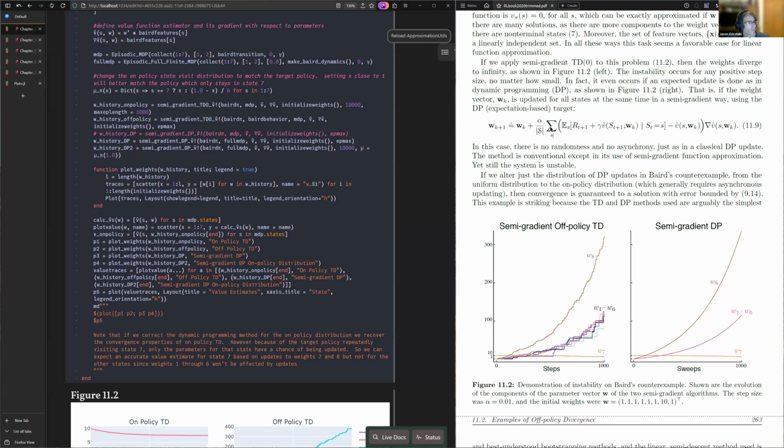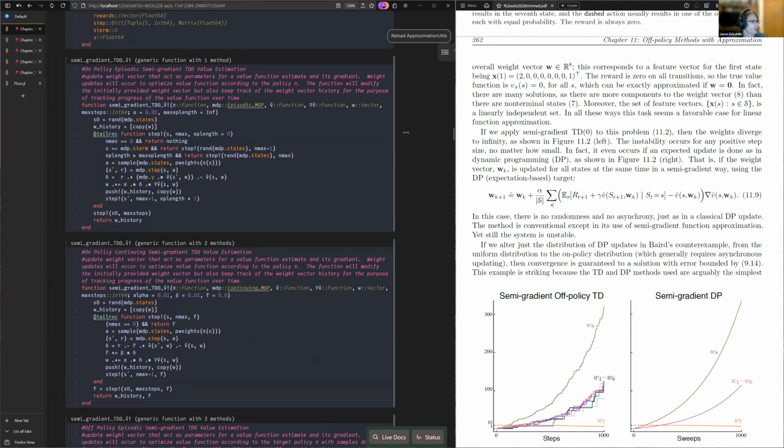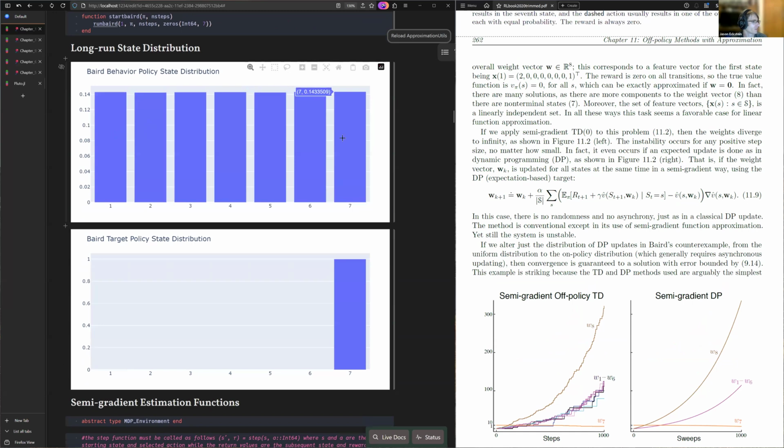And it's convenient. If you look at the behavior policy, it does this. So they're saying this dynamic programming update is equivalent to this off-policy method where you're following this behavior policy. Because the way this sum works, it's weighting all of the states equally.